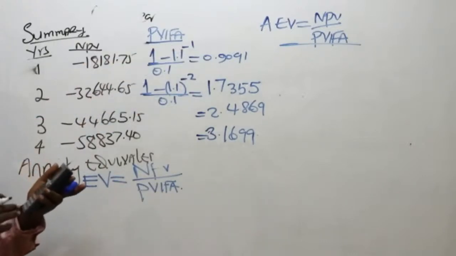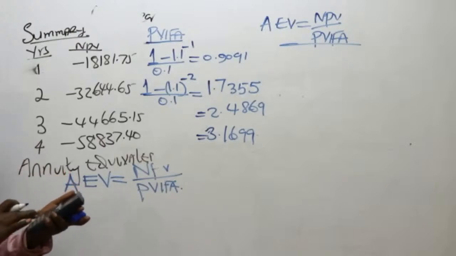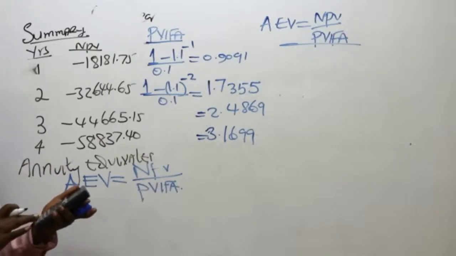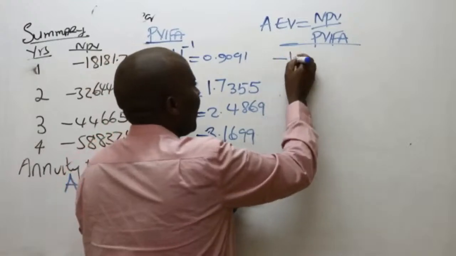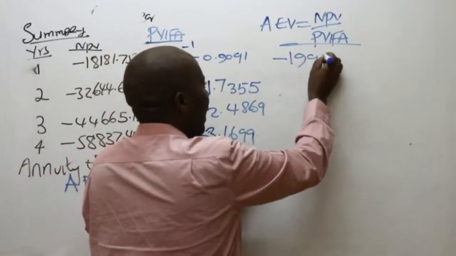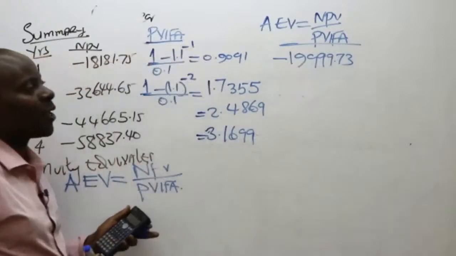So the first one, I will talk of minus 181.75 divided by 0.9091, which gives us negative 999.73, 2 decimal places.